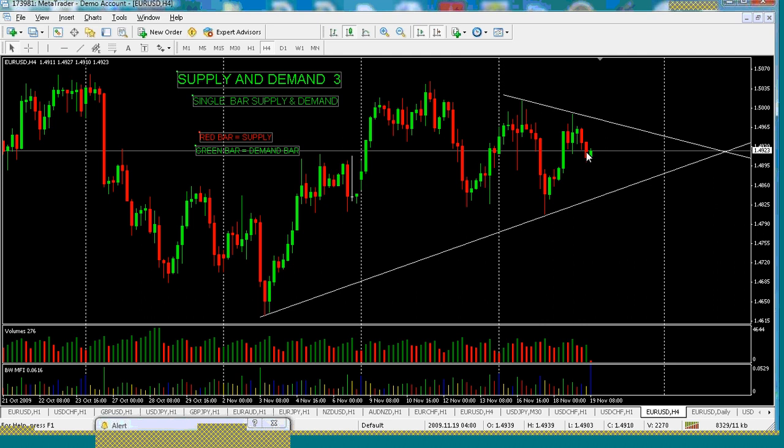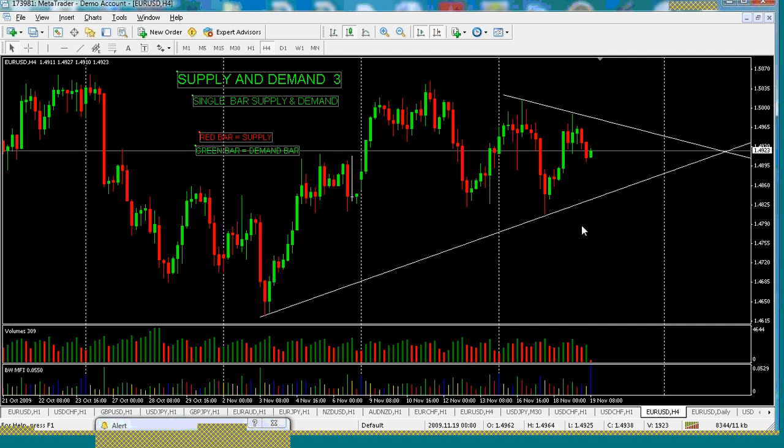So where should we expect price to stop and reverse back up, or at least attempt to? We expect it to fall until it hits a demand level. Now this is where it gets tricky, because the market operates differently on the way up than it does on the way down.